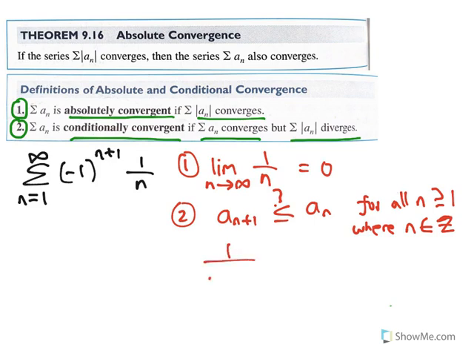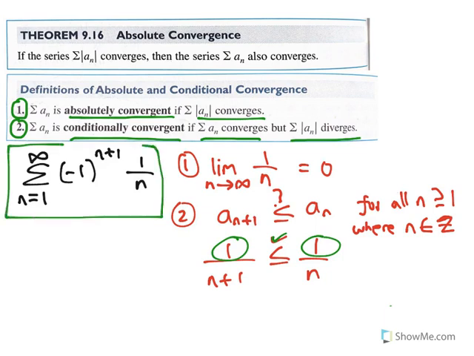It is, because you can show that 1 over n plus 1 will be less than or equal to 1 over n for all n greater than or equal to 1, where n is an integer, because these are two fractions with the same numerator, so the fraction with the larger denominator will be smaller. So we do have a series here that we know converges by the alternating series test.